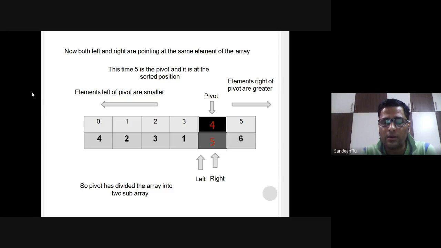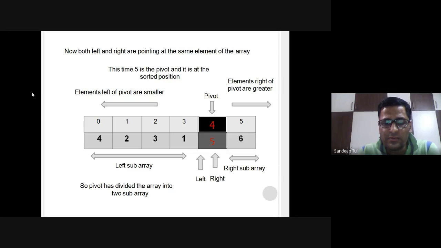Divide we have done, and parallelly we are getting the result, that is 5 is at its position. So we need not combine it again, because the value 5 is at its position in the array. The array that forms will be a sorted array in the end, so we need not combine the results. Is it okay now?